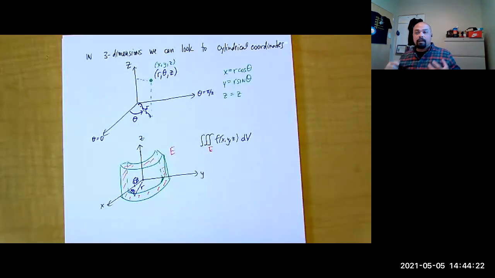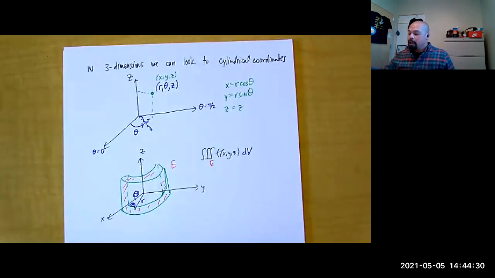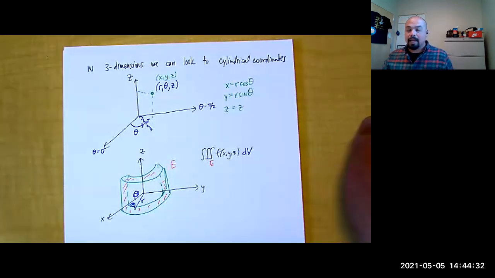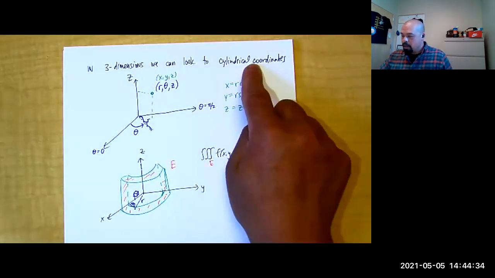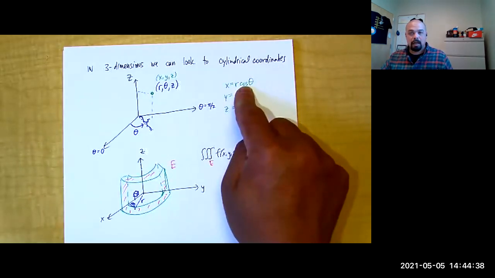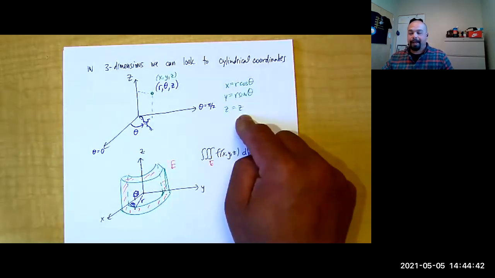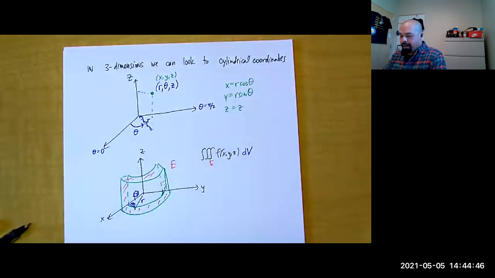So depending on the region where you're integrating, it may be best to switch from those typical x, y, and z, where we might feel more comfortable, into a different coordinate system. In this case, with cylindrical, getting a circular form for that base part of it, and then keeping the height, the z, the same. Okay, so our r, theta, z working together.